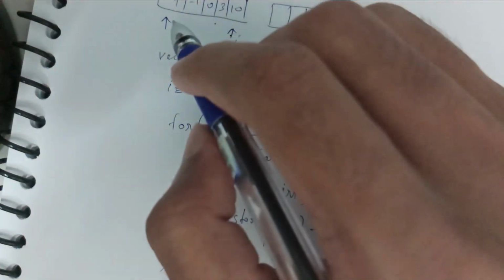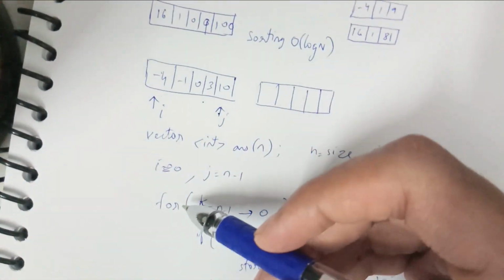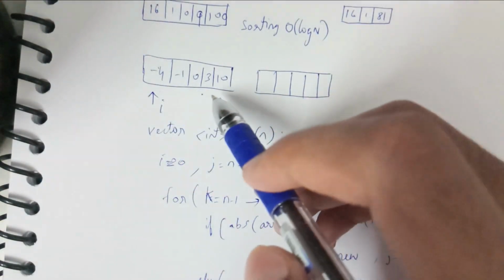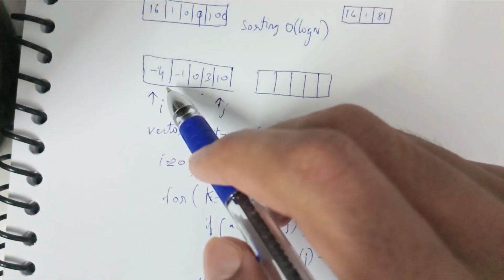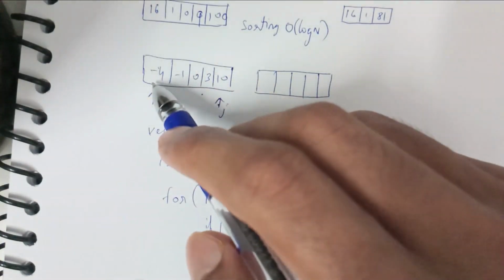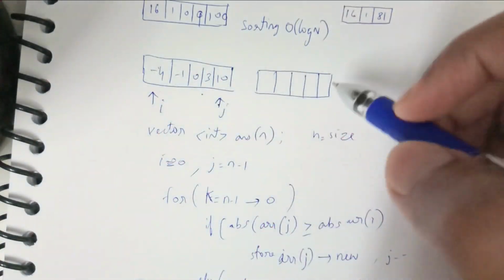If we just dry run it, in the first iteration this is i and this is j. So we compare -4 and 10, which one is greater. 10 is greater, so we store 10 here.